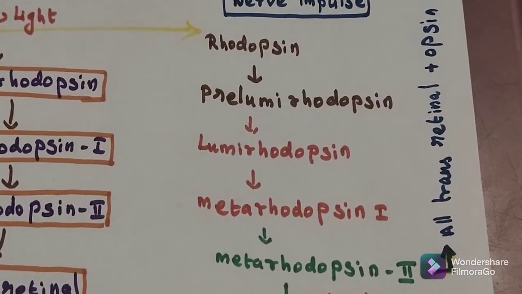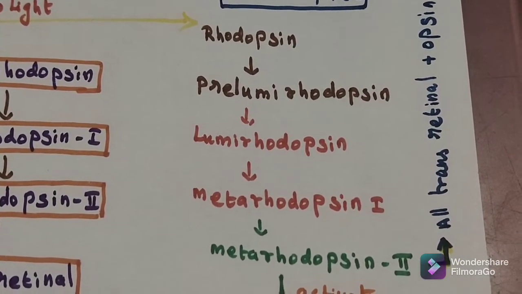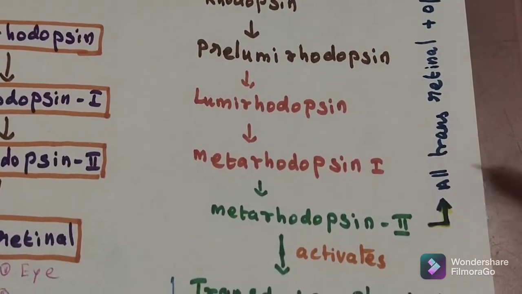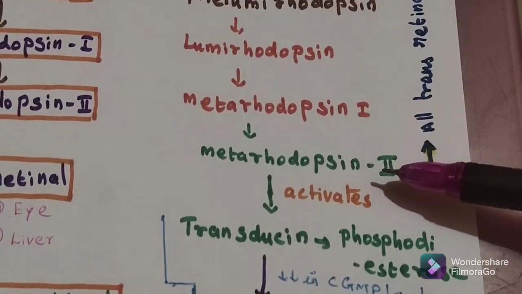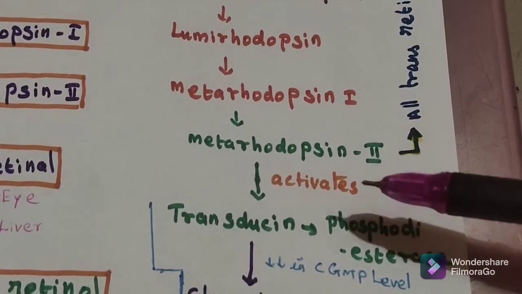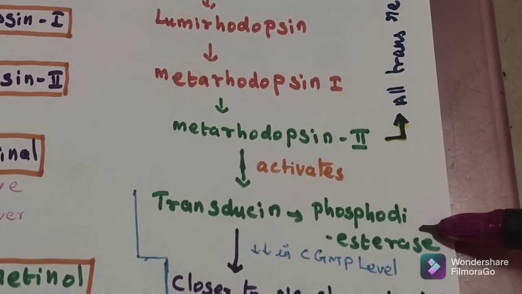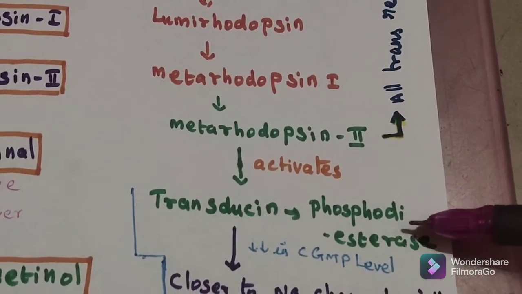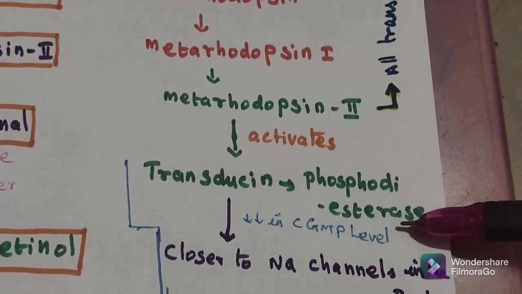Rhodopsin is converted into bathorhodopsin, then lumirhodopsin. Lumirhodopsin is converted into metarhodopsin 1, and metarhodopsin 1 into metarhodopsin 2. It activates transducin. This transducin activates phosphodiesterase, which decreases the cyclic GMP level.